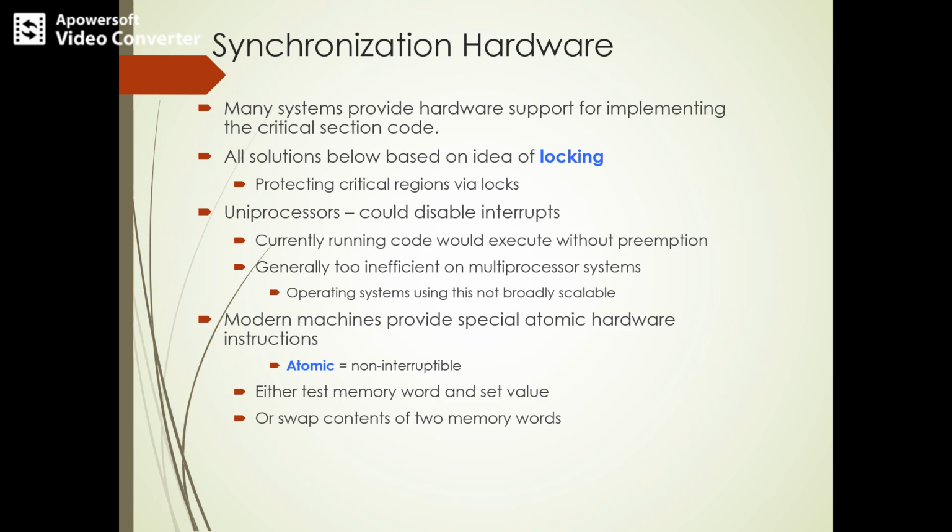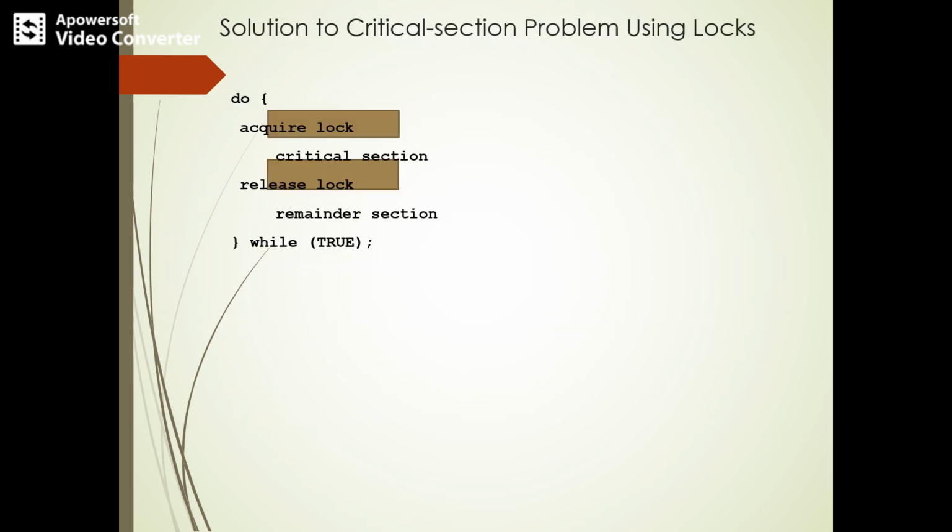So many machines provide special hardware instructions which allow us either to test and modify the content of a word, or to swap the contents of two words atomically. So we have a test and set instruction, which is described in the next slide. Here we are using acquire lock.